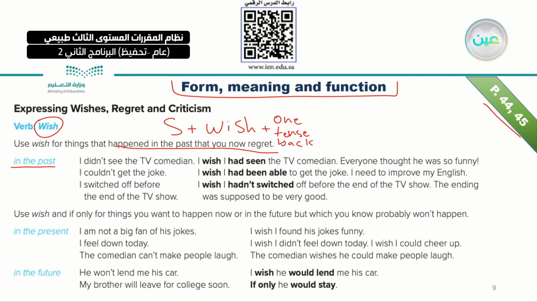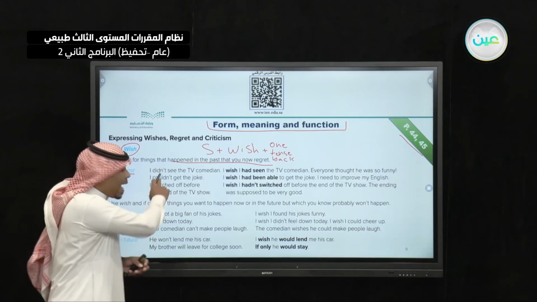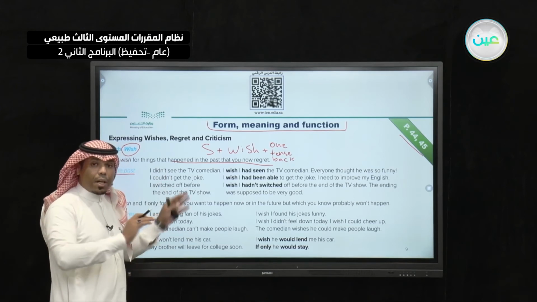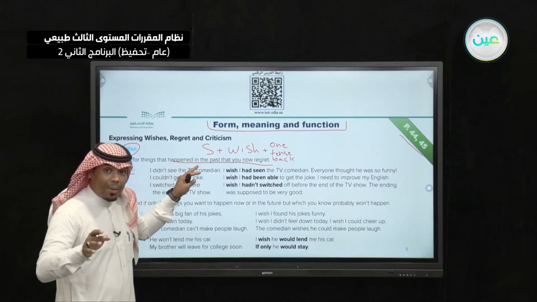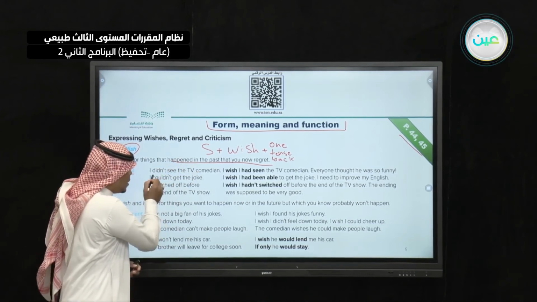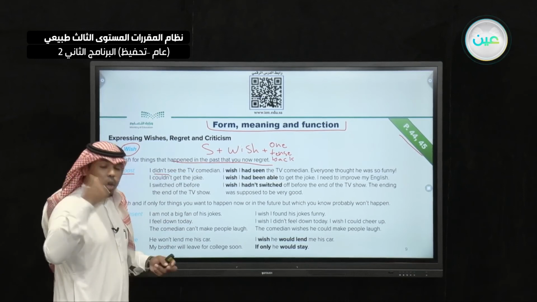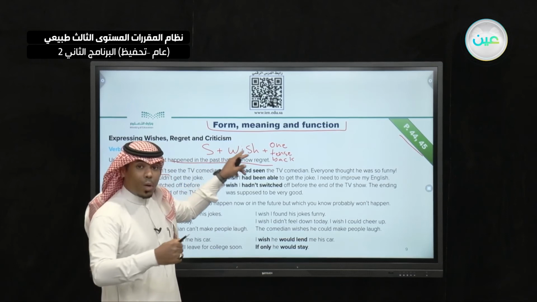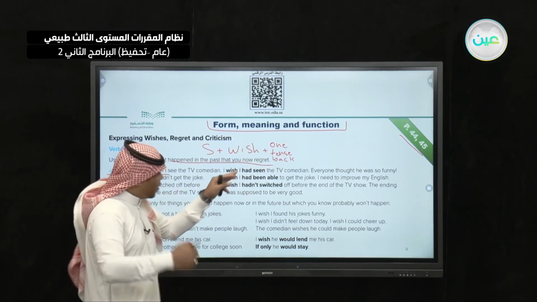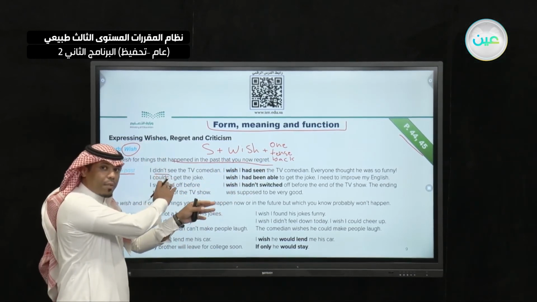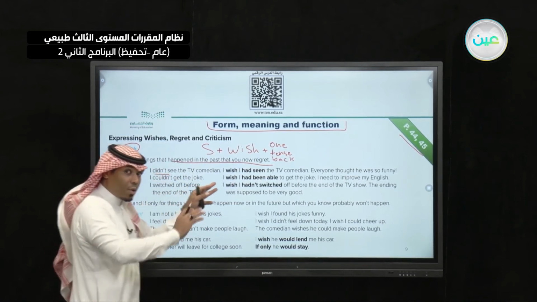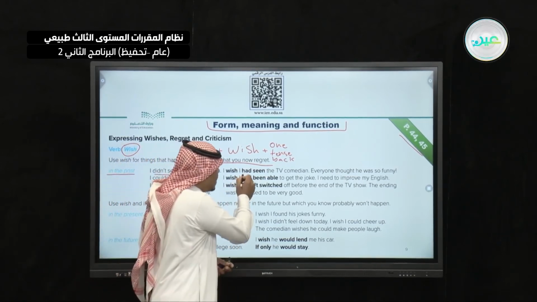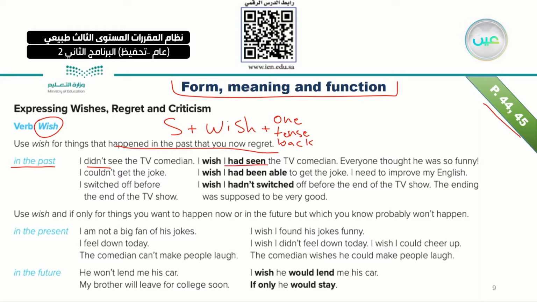I'm talking about like this one here in the past. Here I didn't see the TV comedian. Here I use didn't, which is in the past. So when I use wish, subject wish, then one tense back from the situation I'm talking about here: I had seen. Past perfect.